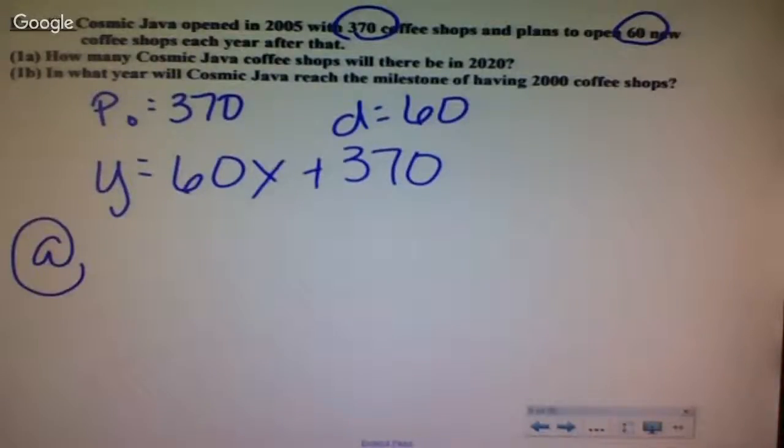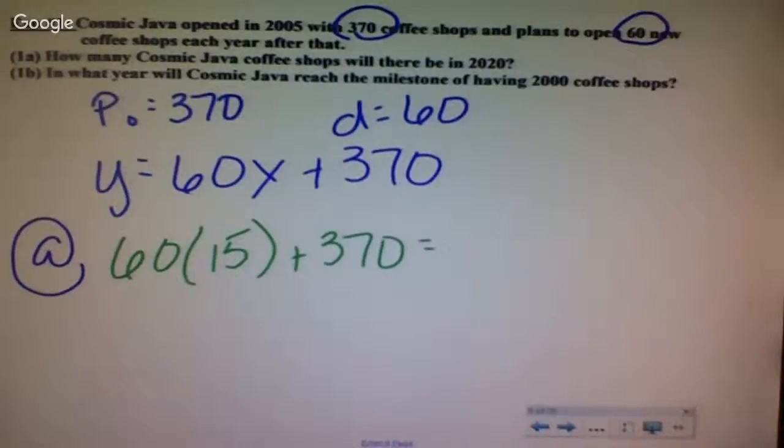How'd you get that? That's how many years from 2005. Good. So we opened up 370 coffee shops in 2005. That means by 2020, we have passed 15 years. So I'm actually plugging in 15. How many coffee shops? 1270.